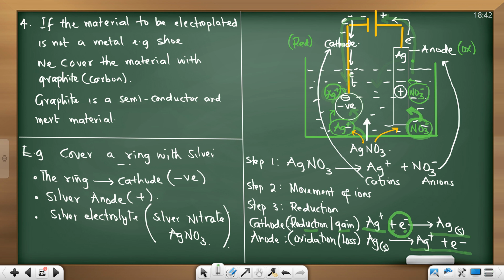So I am using the NO3 at the bottom because it's present there. So silver is a solid which is oxidized. Mostly we oxidize solids, all right? It's a stronger reducing agent than NO3. So silver will be oxidized.